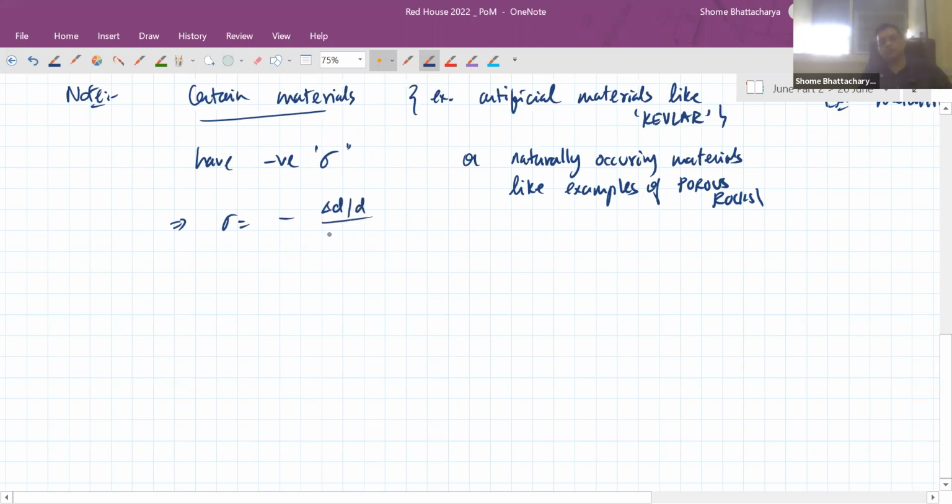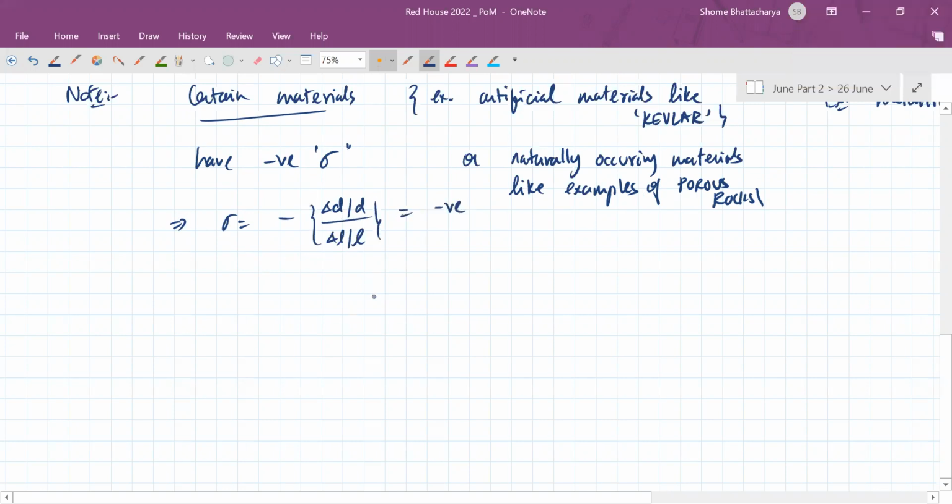So what negative Poisson's ratio means is that the ratio of transverse or lateral strain to longitudinal strain is positive, because this quantity is negative, because sigma is negative.